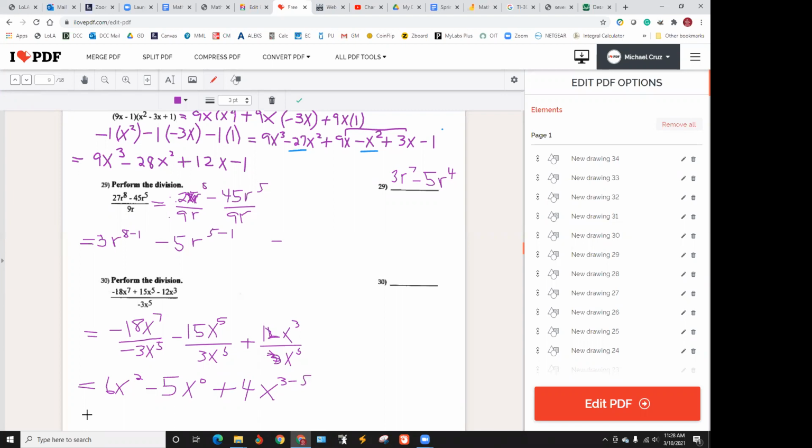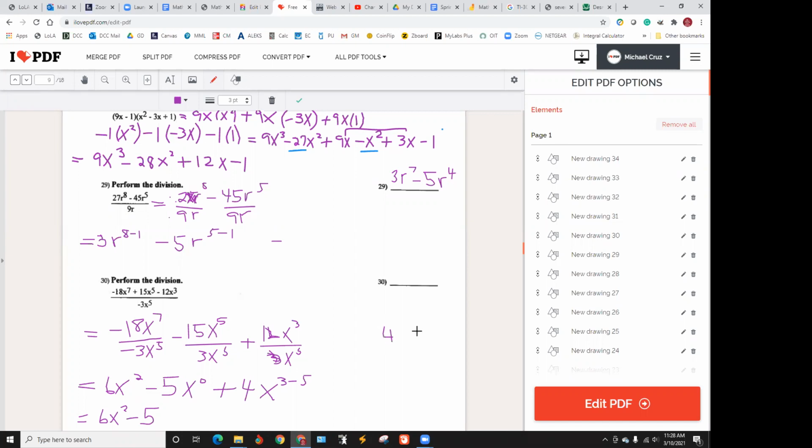So let me just go ahead and clean it up here. So that's just 6x squared. And it's just minus 5. That x to the 0 is 1 by the 0 exponent rule.